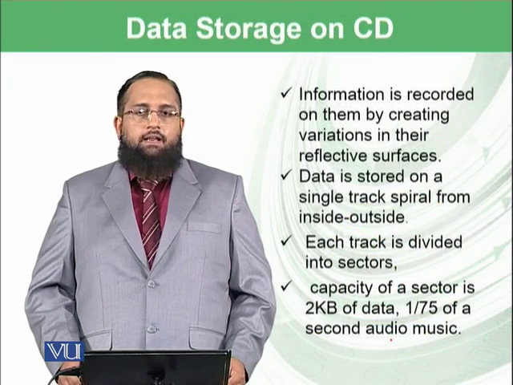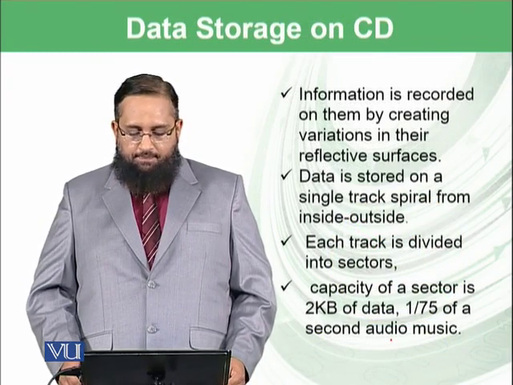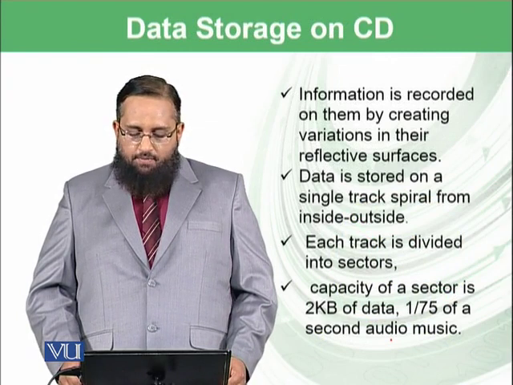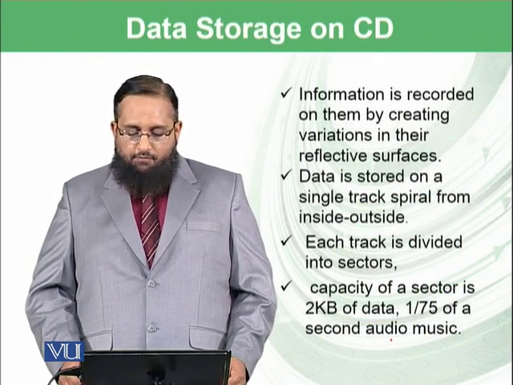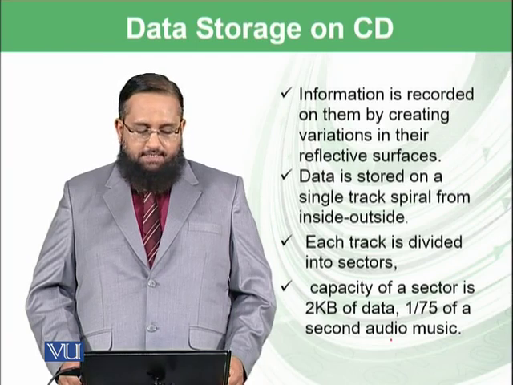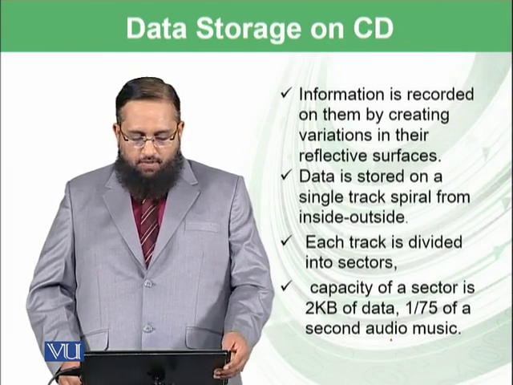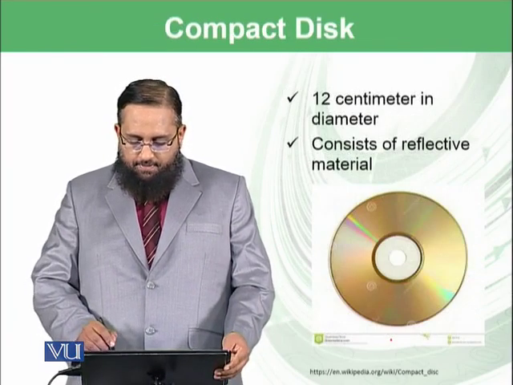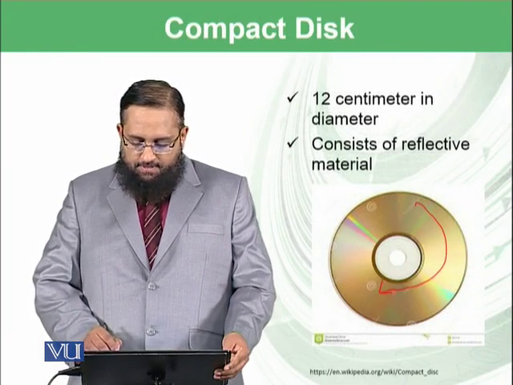And how is data stored on a CD or DVD? The information is recorded on them by creating variations in their reflective surfaces. You can see that this is a reflective surface.